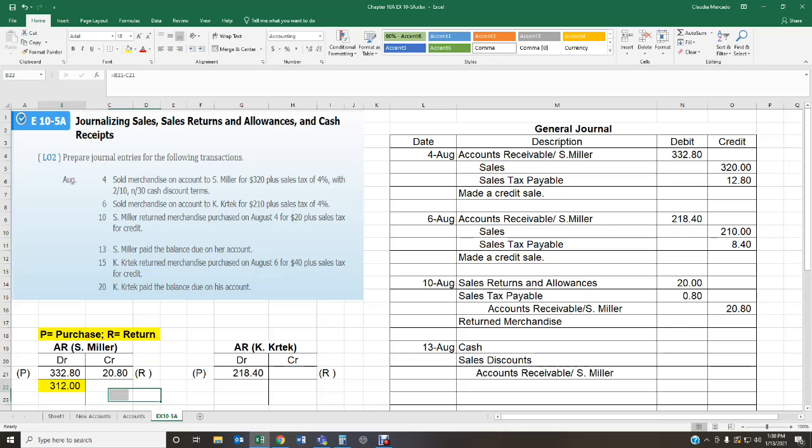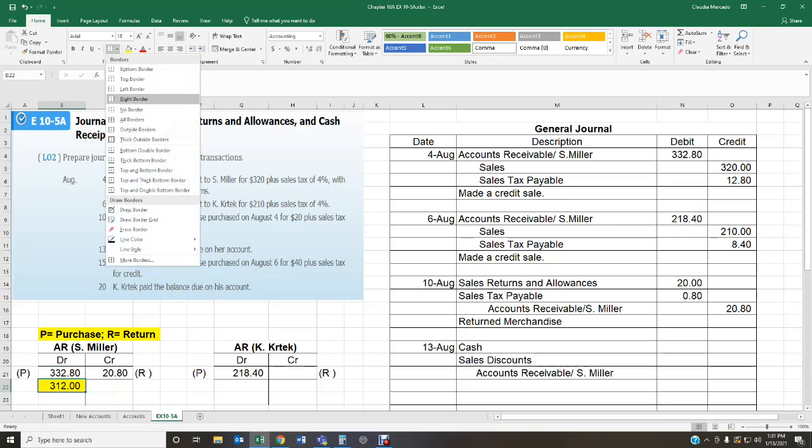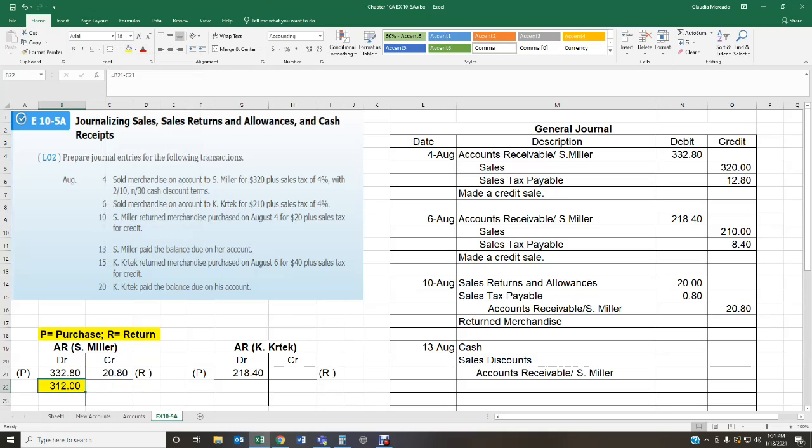According to my calculation, Miller owed us $312. That is what we need to clear. If you notice, my balance is on the debit side. So what do I need to do to clear my receivable? I would have to credit my receivable, and the amount that's going to be credited is $312, from right here.